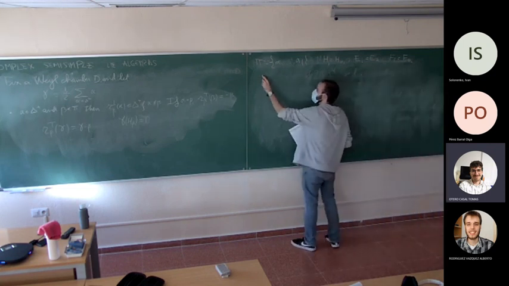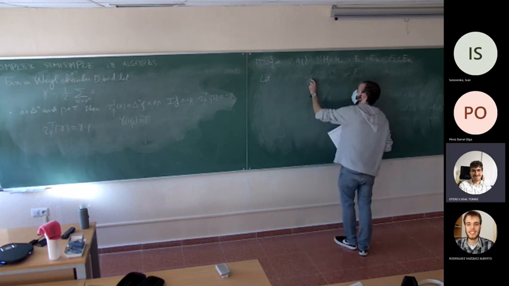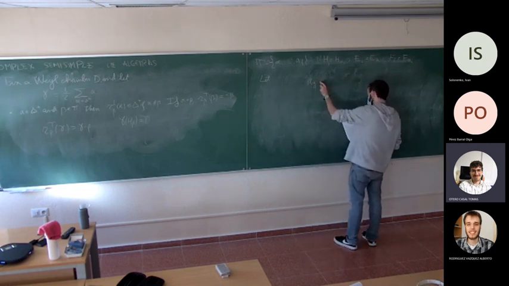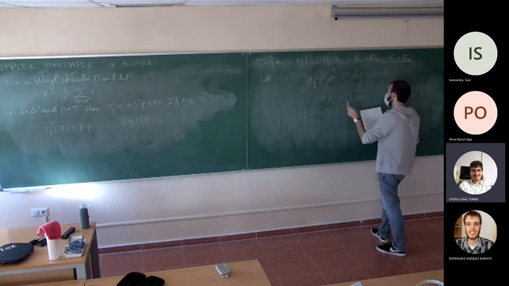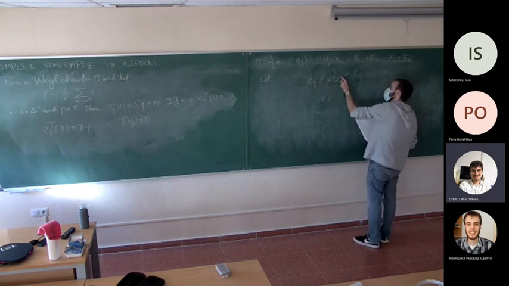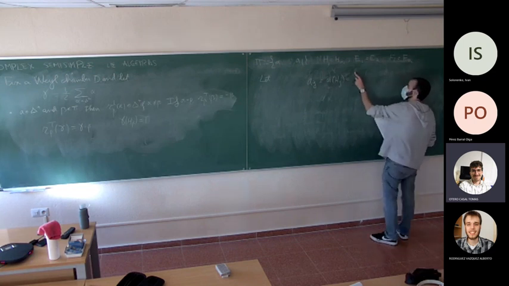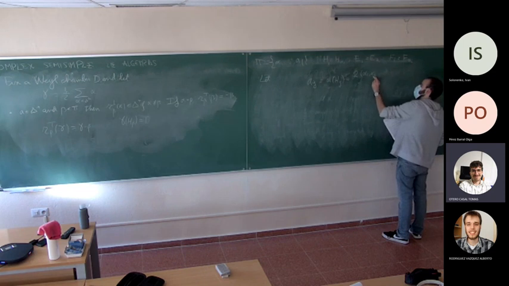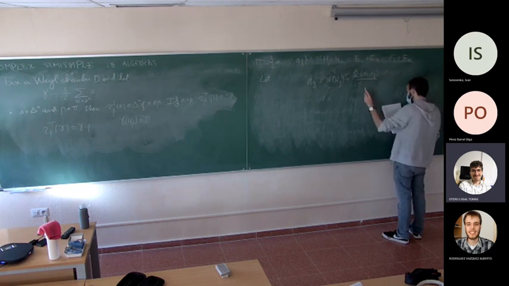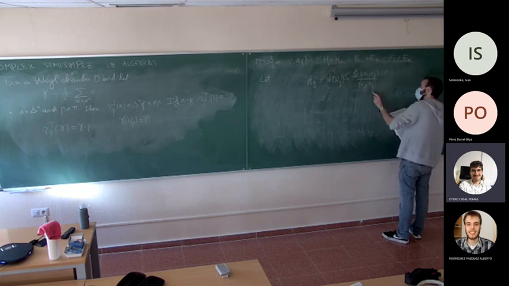And we define A sub ij to be alpha i of Hj, which is equal to 2 times the scalar product of alpha i and alpha j over the norm squared of alpha j.